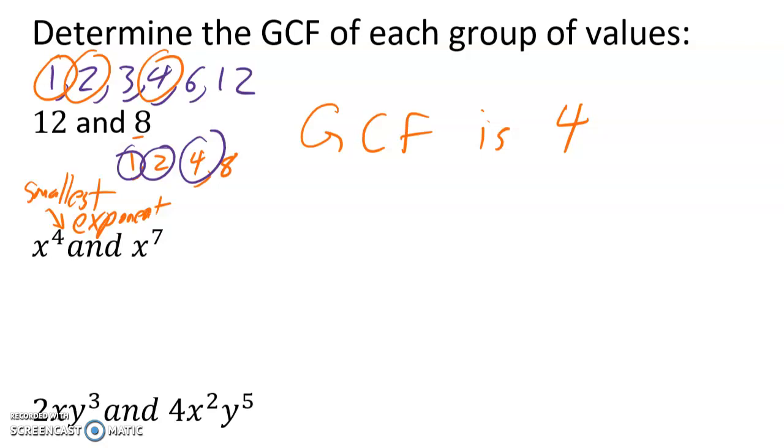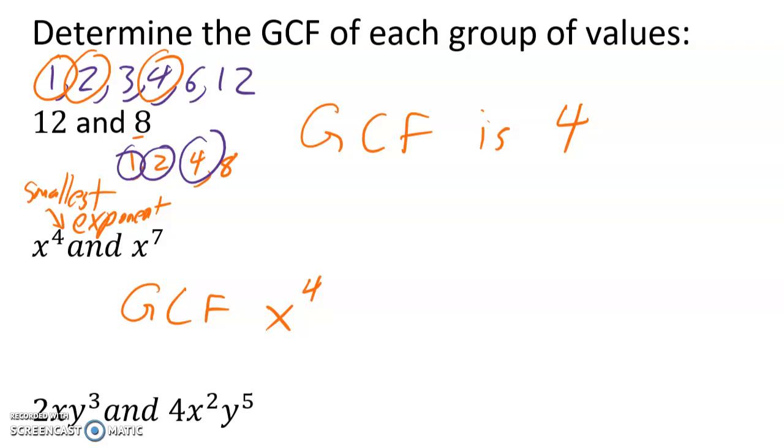Out of both of these terms, they're both x terms, and x to the 4th has 4 factors of x, and I know x to the 7th has at least 4 factors of x. So the greatest common factor would be just x to the 4th. I can divide x to the 4th by x to the 4th, and I can divide x to the 7th by x to the 4th. I can factor that out of either one of them.